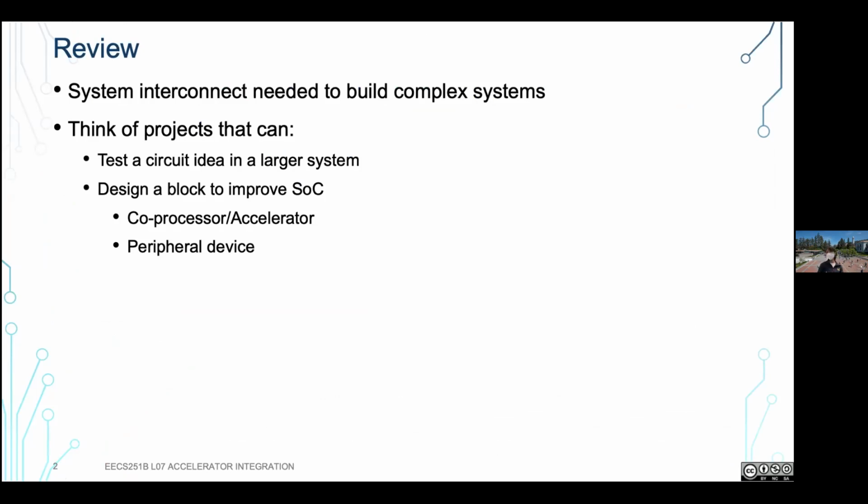And this is also a good opportunity for you to think about your project. You folks have gone through Chipyard for your lab 1 and also did a little Chisel exercise for your lab 2. Now you see all the different ways that you could potentially integrate different IPs onto your system, right? Now is a really good time to think about what your project would be. Of course, it's totally fine if you're interested in the circuit side.